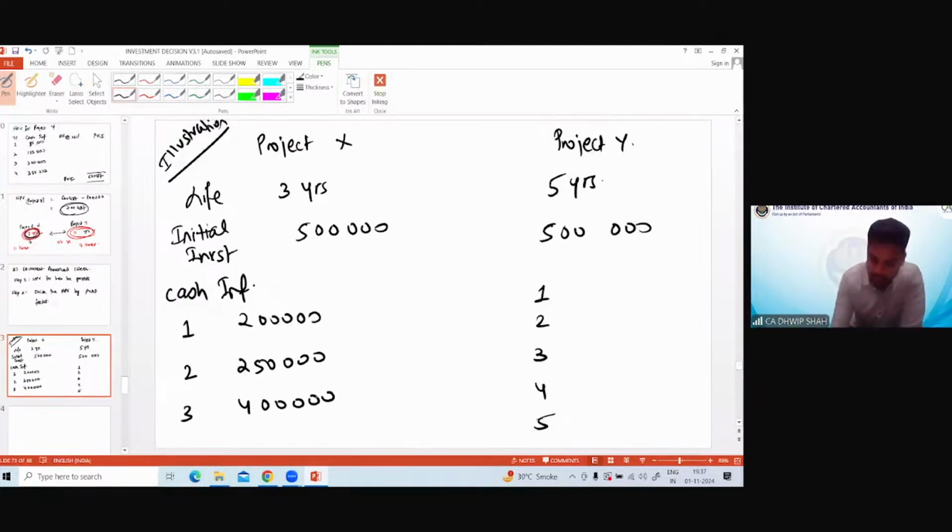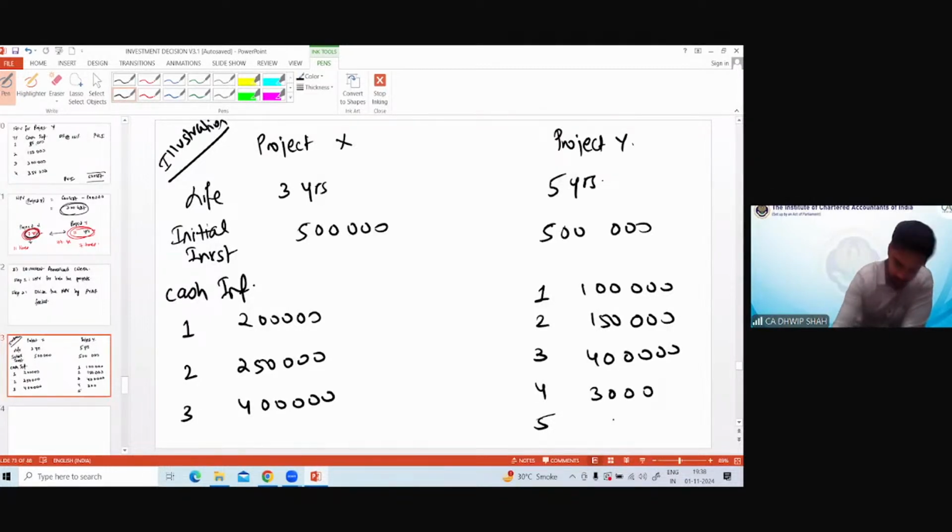The pattern of cash inflows for project Y is as follows: 1 lakh, 150, 4 lakh, 3 lakh and 150. My discounting rate, my cost of capital, is 15%. Okay? My discounting rate is 15%.